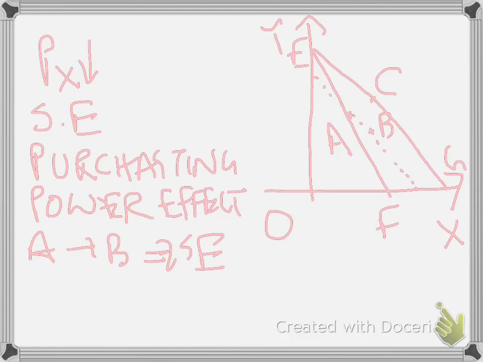So thereby, when we are comparing between B and C, we are seeing the effect of only the purchasing power, and the substitution effect is muted, because when the consumer is going from point B on the hypothetical budget constraint to point C on the new pivoted budget constraint, this is happening as a result of relative or permanent income of the consumer. So we can say that a movement from B to C is the purchasing power effect.